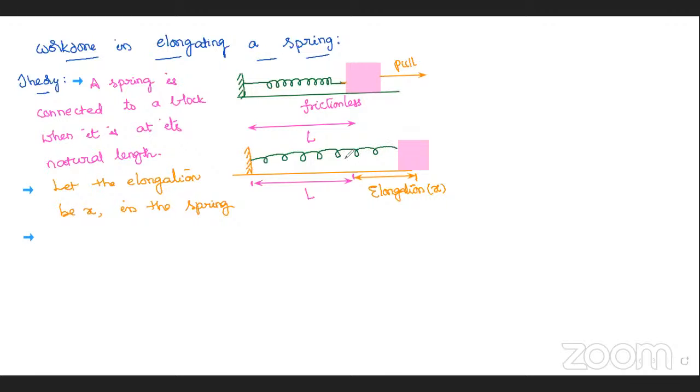Yes, it comes to its initial position. That kind of property we call the elastic property. Because of that elastic property it tries to move back. Who tries to pull the block backwards, the spring or the person? Very good, the spring.